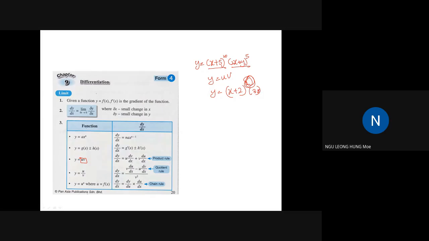Let's say 3x. You can expand it. If you don't want to, still use this way, no problem. If you're not confident with the formula, no need to memorize. You just open your formula list, like this. How to identify a function is u over v. Down there, fraction must have something x here.